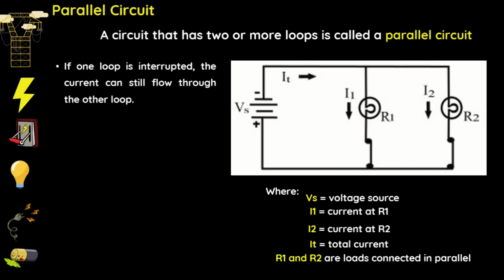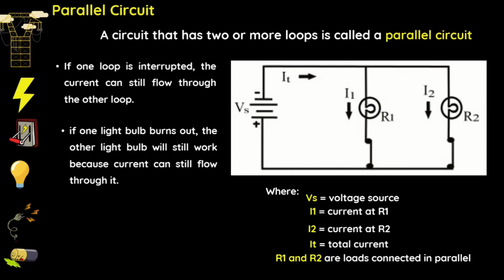If one loop is interrupted, the current can still flow through the other loop. If one light bulb burns out, the other light bulb will still work because current can still flow through it. So at this instant, you can already identify the difference between a series and a parallel circuit.